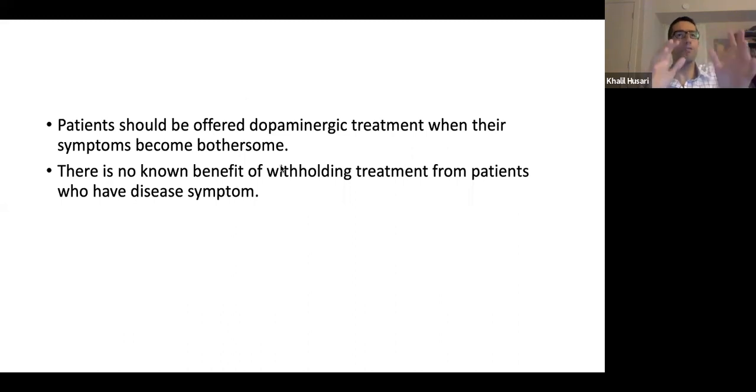So it has to be directed by how disabling the symptoms are, because none of the medications affect the natural progression or the disease course of Parkinson's disease. And again, there's no known benefit of withholding treatment from patients who have disease symptoms. So if they want treatment, if they are disabled, then go for it. Treat the patient.